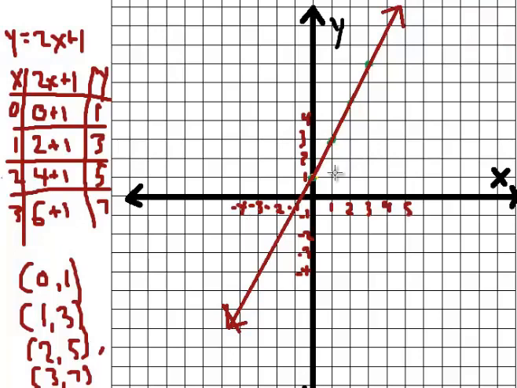Why is that important? Because if you have multiple equations on the same axis, you want to be able to keep control. So what was this equation? This was y equals 2x plus 1. Now we've graphed a line. Simple enough.